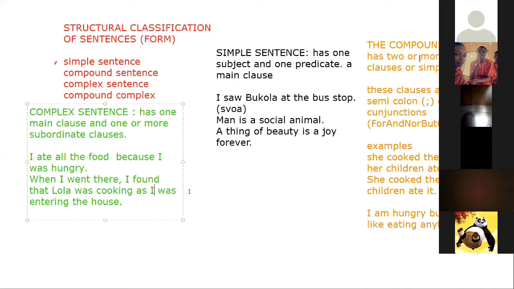Now the fourth one I will be talking about is the compound complex sentence.